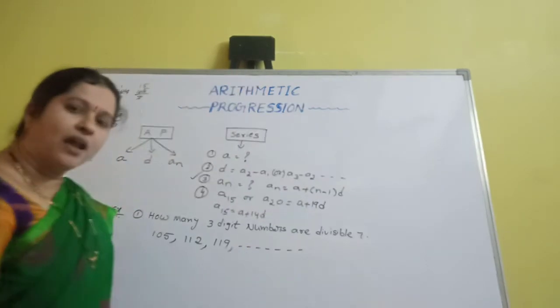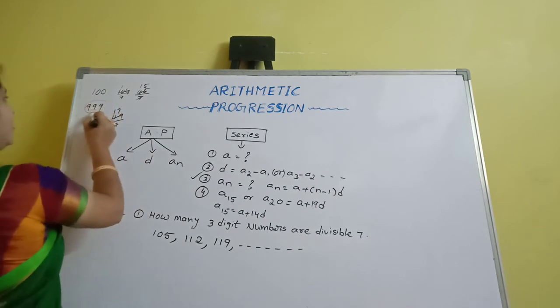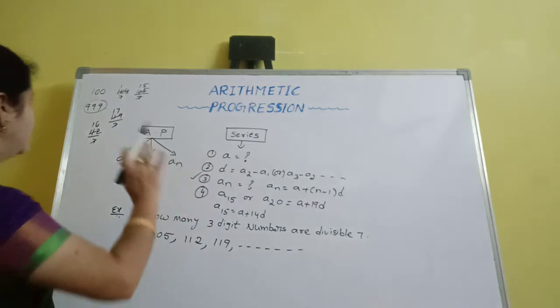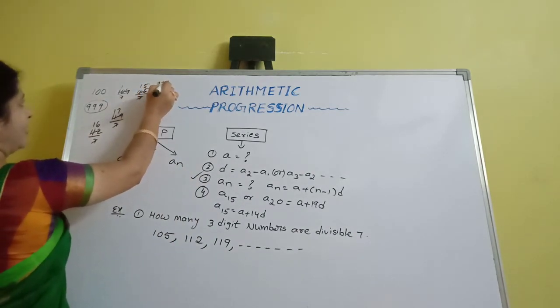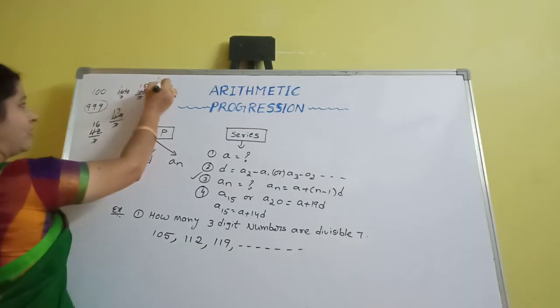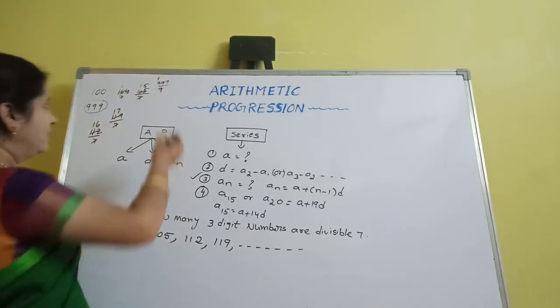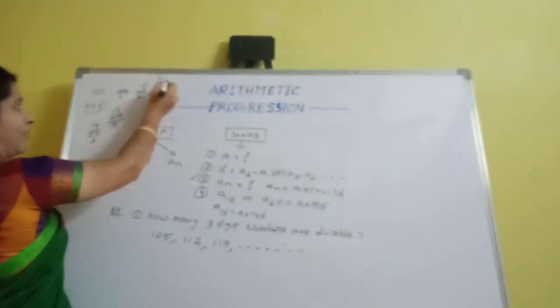You have to find the last number also in the series. What is the last divisible number? The last 3-digit number is 999. Suppose you take 997. Is it divisible by 7? 9 ones are 9, 29 remaining. 7 ones are 7, 29 remaining. 7 fours are 28, so 17 remaining.